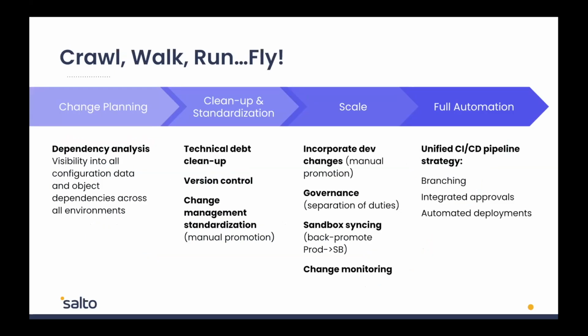Okay, so the constant crawl, walk, run, and if anyone grows wings, you might be flying by the end. You can see we'll get to full automation, which is the holy grail of DevOps. But today, with Salto, with the native tools, looking at dependency analysis, so looking at your changes and the impact of your changes before you make them is key.